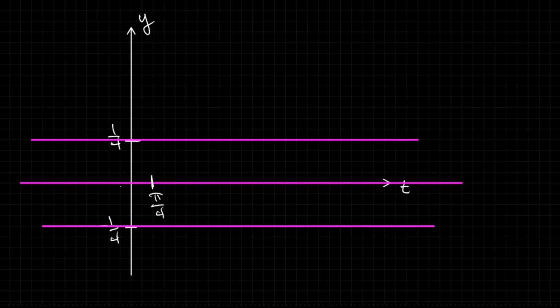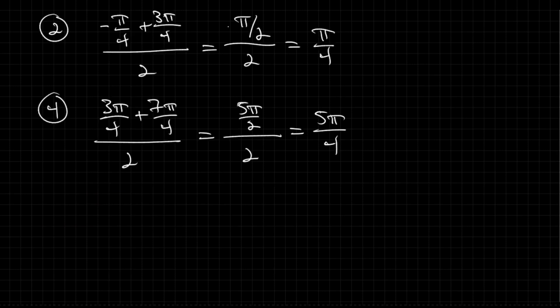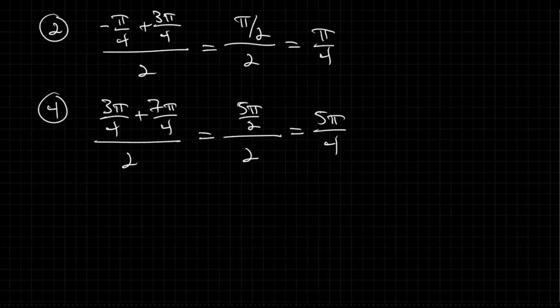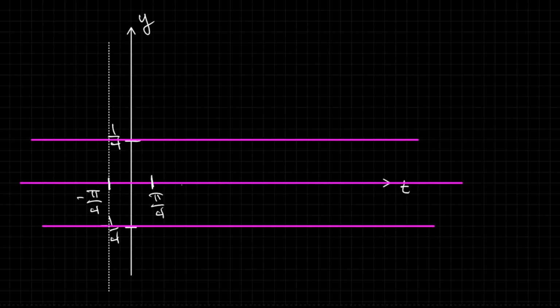and that would make this minus pi over 4, so that's going to be our leftmost asymptote. So let's draw that in. So this is minus pi over 4, and then our rightmost asymptote is at the fifth important t coordinate, that's 7 pi over 4. 7 pi over 4 is 7 of these pi over 4s, so 1, 2, 3, 4, 5, 6, 7.